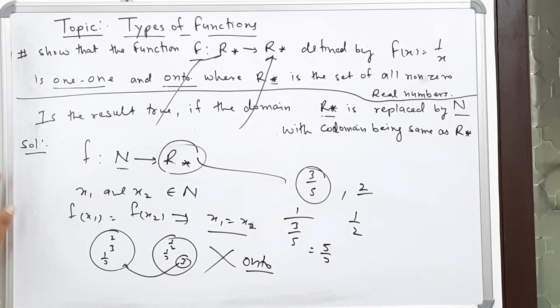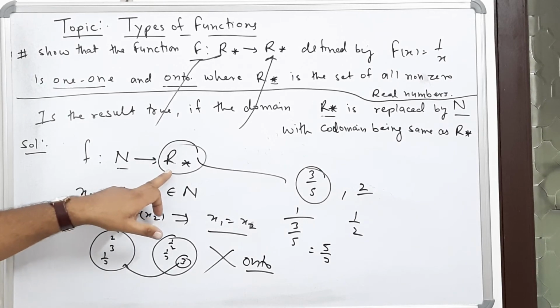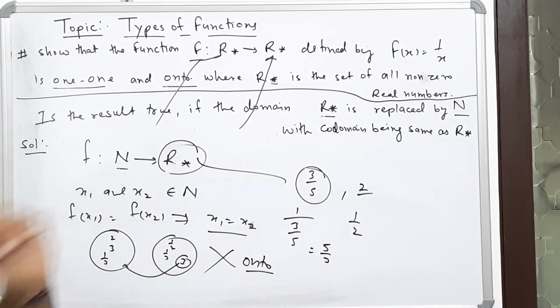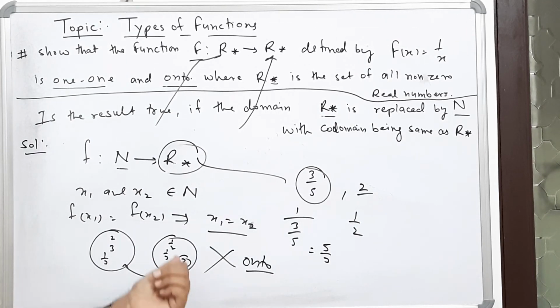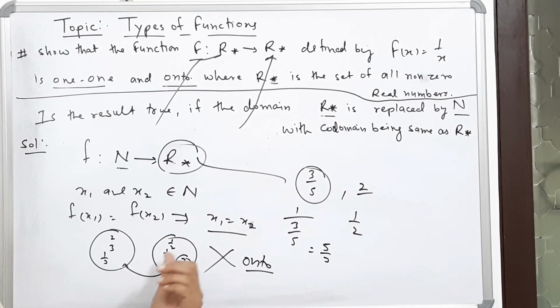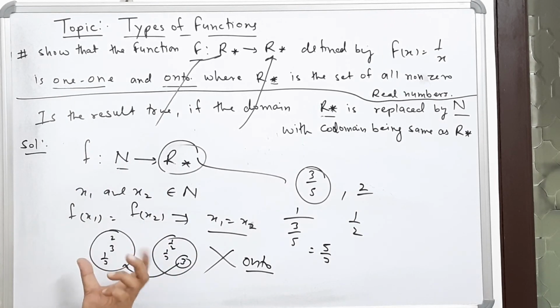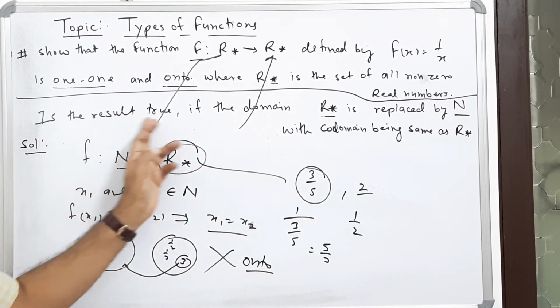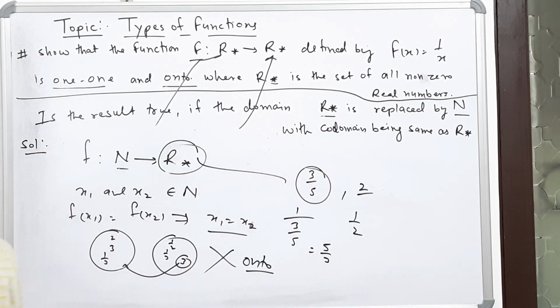One-one, yes, it is okay, every element will have some image and it will be different. But when we talk about onto, it will never be an onto function, because there will be many elements here which will be left unattended. They will not have any pre-image in the first set. So we can say that if this change is done here, then it will be one-one, but it will not be onto. I hope it is clear to you. Thank you.